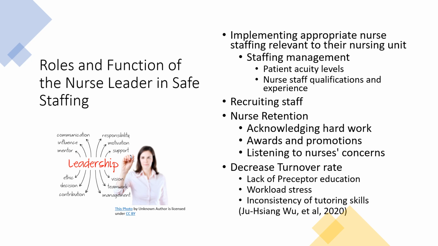And then also, do they have the right nurse staff qualifications and experience on the unit at the time? A lot of the concerns that we have with safe staffing levels right now is just that there's not enough staff available. So although the nurse leader may want to staff the unit appropriately, they may not have the staff. So recruiting staff is one major function and role of the nurse leader in safe staffing.